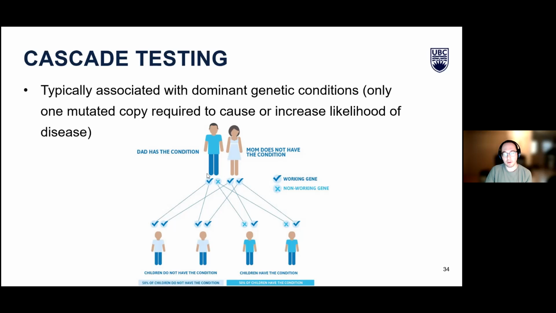And in this scenario, just based on the odds of how the genes could be passed on to children, there is about a 50% chance of having a child with the genetic condition and a 50% chance of having a child without the genetic condition.